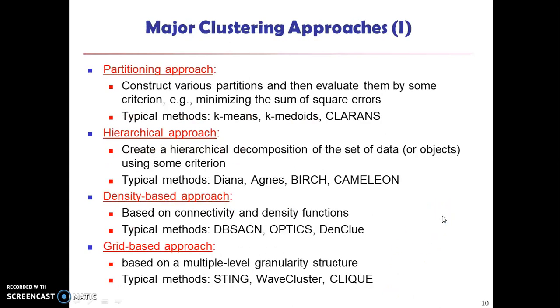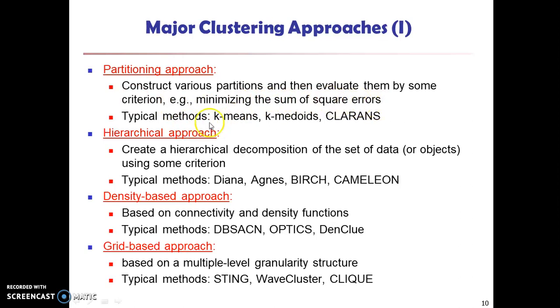There are some major clustering approaches. One is the partitioning approach, then the hierarchical approach, density based approach, and grid based approach. And we have some other approaches also. All these approaches we will discuss in the upcoming lectures. Partitioning approach means constructing various partitions and then evaluating them by some criterion, for example, minimizing the sum of squared errors.